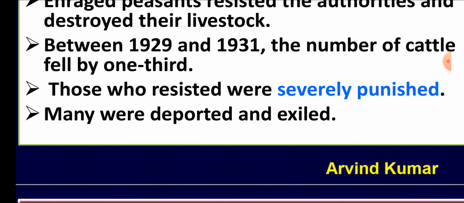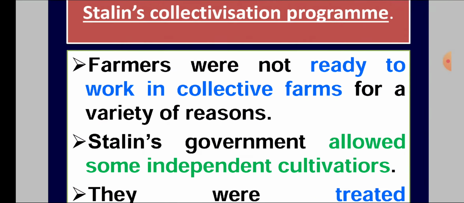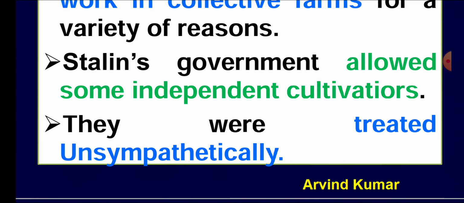One third of the animals died. Those who resisted or protested collectivization were severely punished, and many were exiled from the nation. They were sent to other nations because they were not ready to accept the instructions of Stalin.